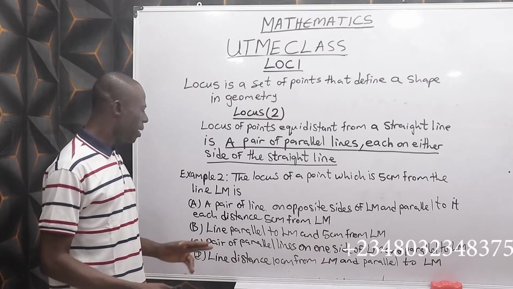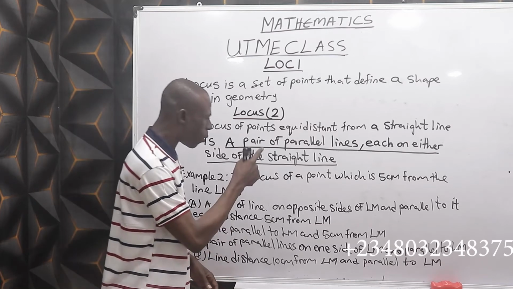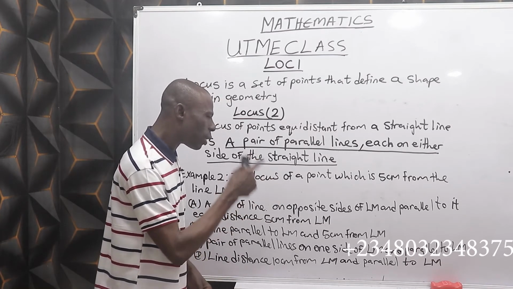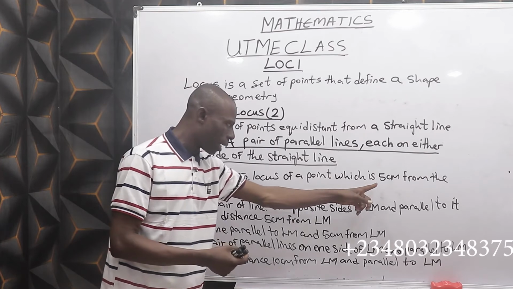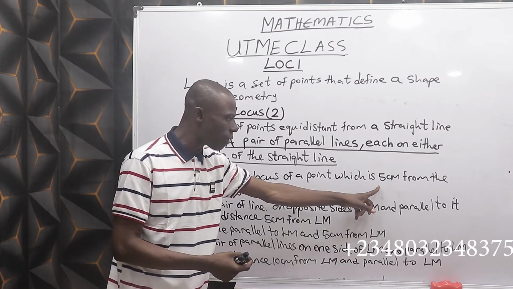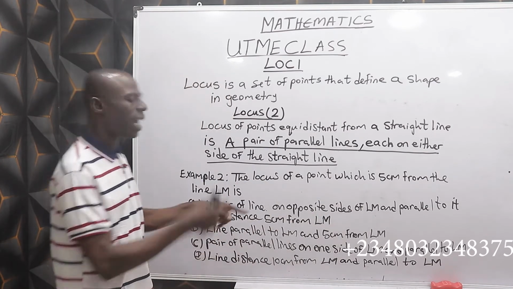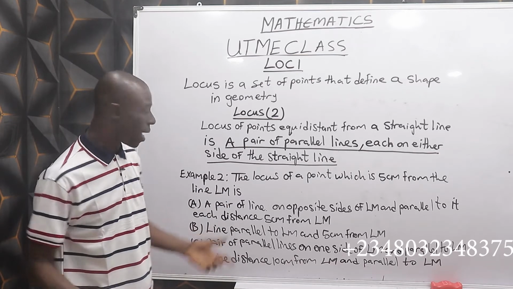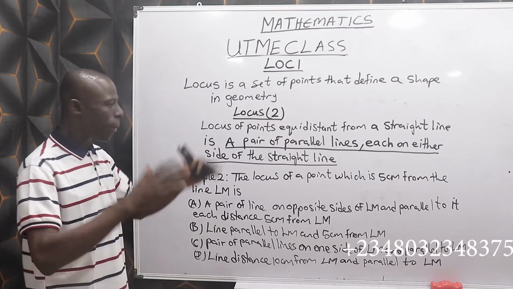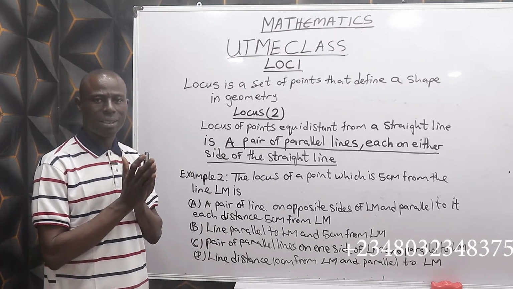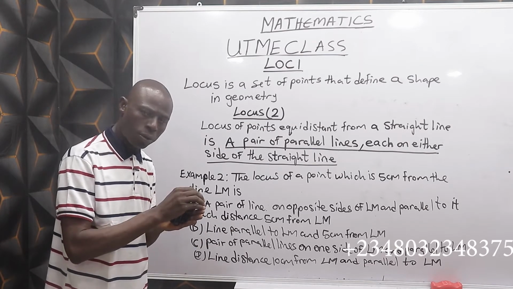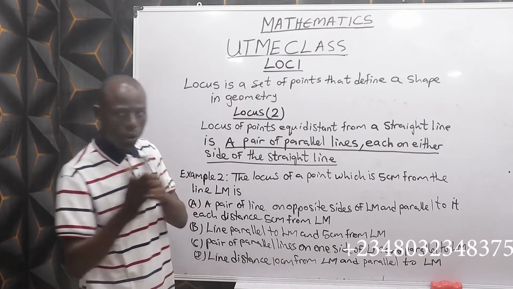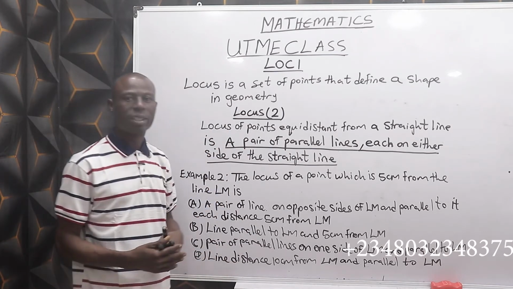So in any case, anytime you hear locus of a point equidistant or an actual distance is given from the line LM, a straight line, the answer should be a pair of parallel lines. One on this side, one on the other side of the straight line.